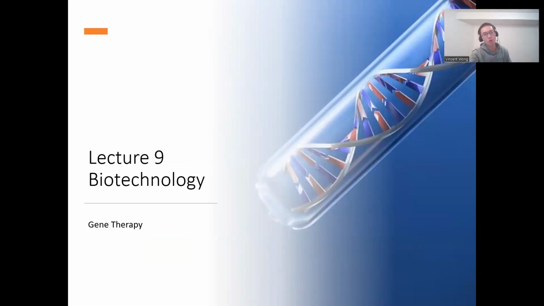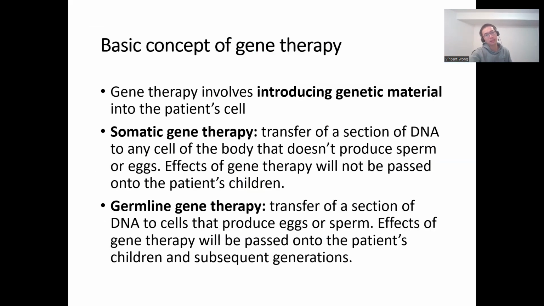Okay, so we're going to talk about gene therapy. Gene therapy involves introducing genetic material into a person's cell. You can do it to their bodily cells, which is somatic gene therapy.